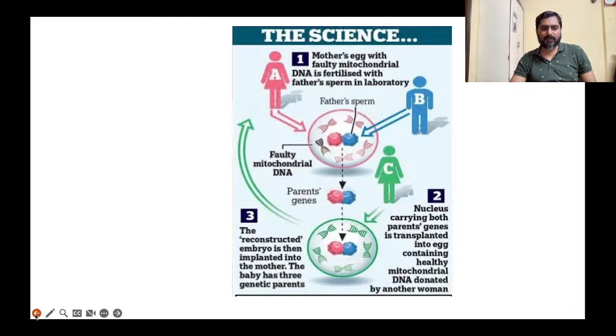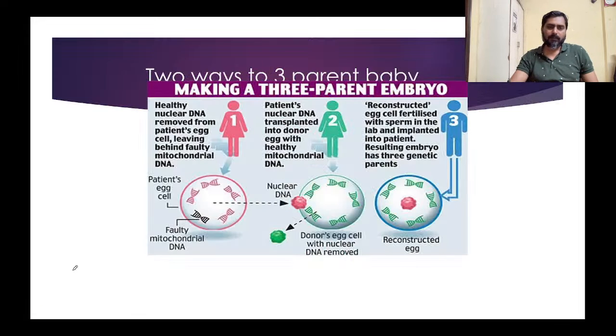In one of the therapies, let us say this is the mother's egg cell. In this mother's egg cell, you can see faulty mitochondrial DNA. This mitochondria is present in the cytoplasm.